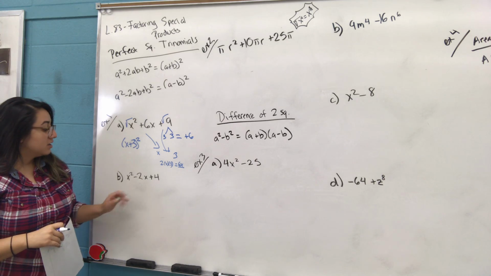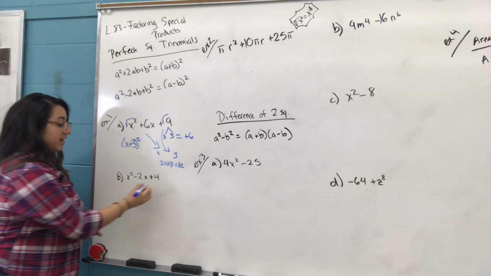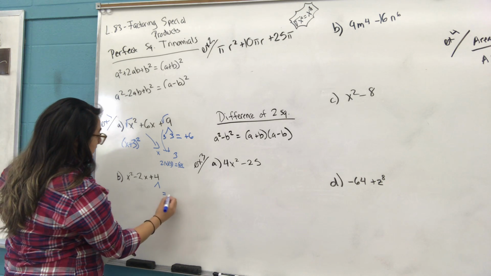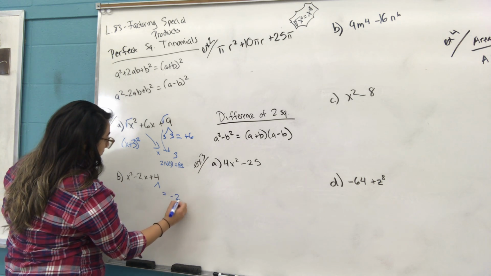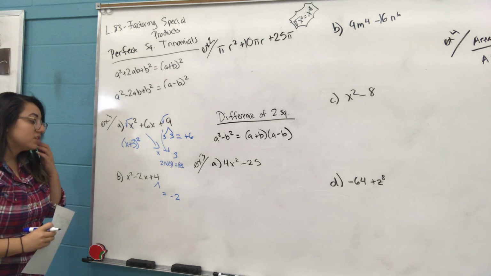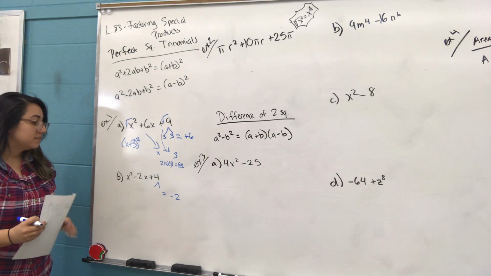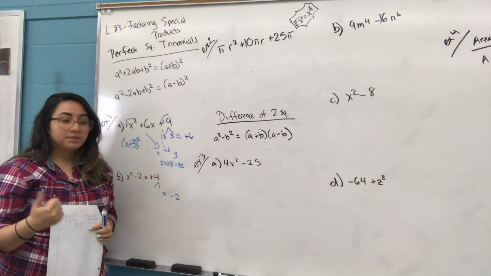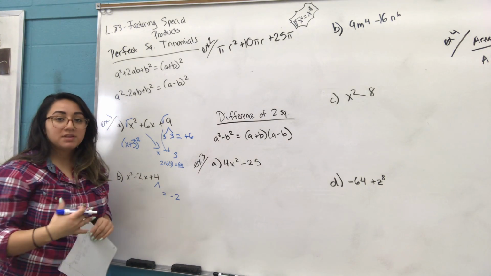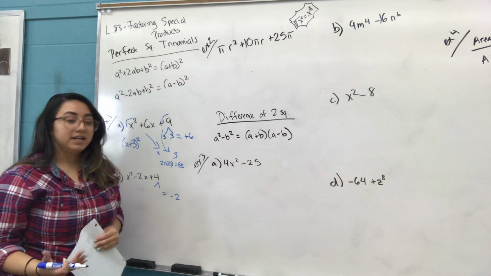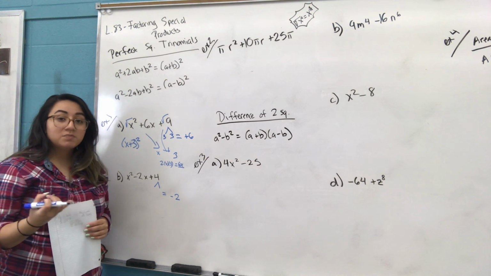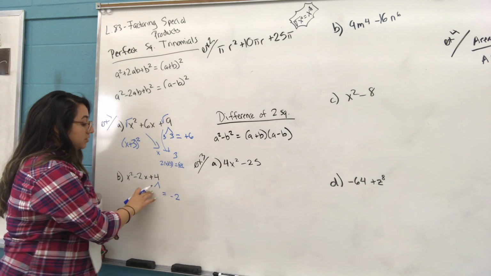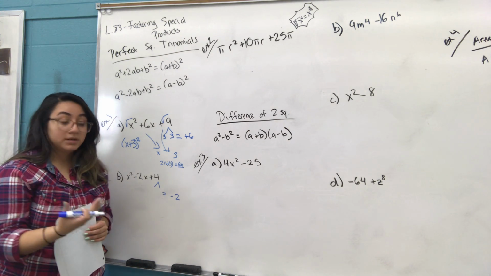x squared minus 2x plus 4, factors of c that give you b. So b is negative 2. So factors of 4 that give me negative 2. The only factors of 4 I could think of are 1 and 4, and 2 and 2. It's positive, meaning both of them are positive or both of them are negative. So here, positive 2 and positive 2 multiply to give you 4, but 2 plus 2 gives you 4.